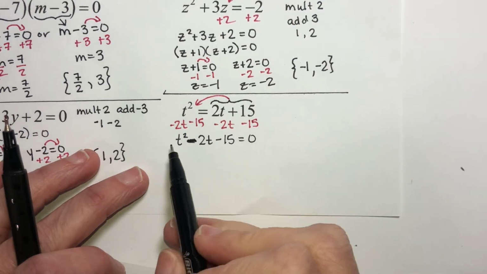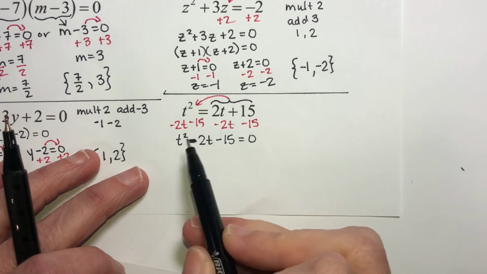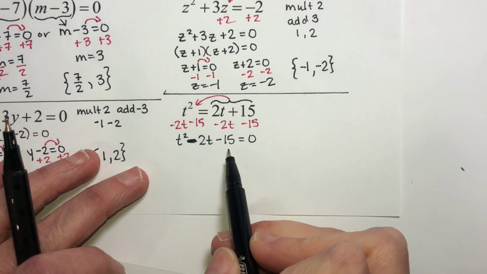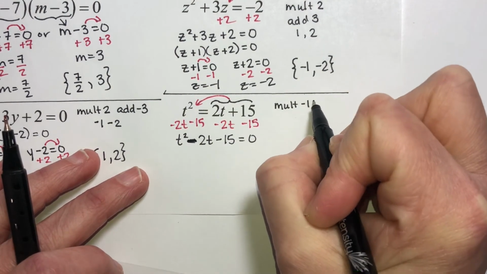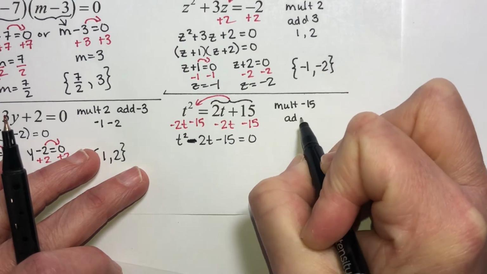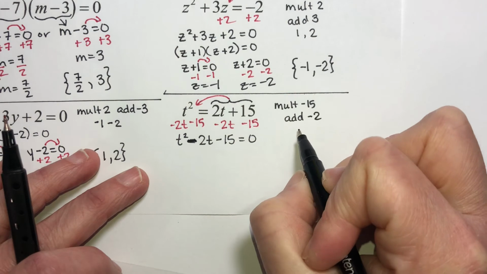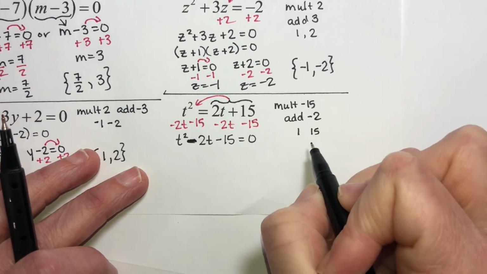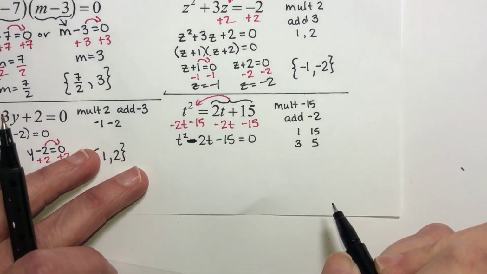Okay? Now I need to get this factored. I do not have a GCF. 15 is not a perfect square, so I'm looking for two numbers that multiply to a negative 15, that add to a negative 2. Things that multiply to 15 would be 1 and 15, 2 doesn't go, 3 and 5, and that's it.